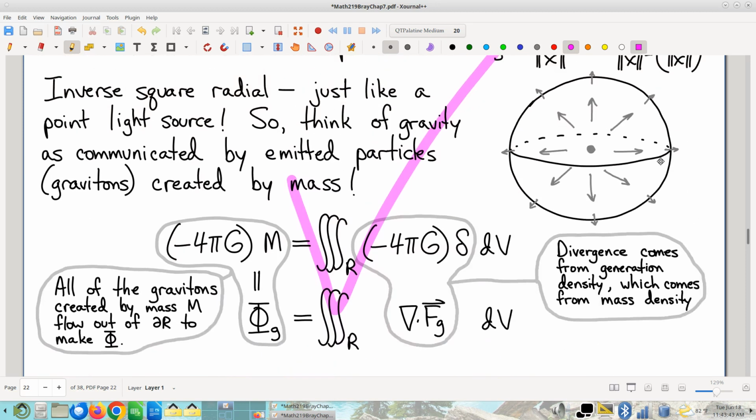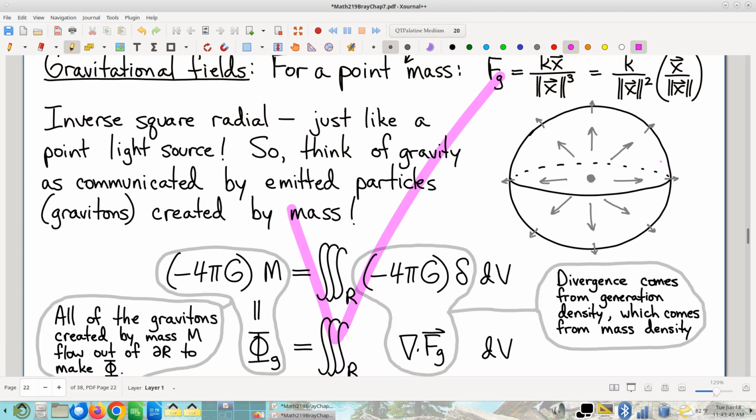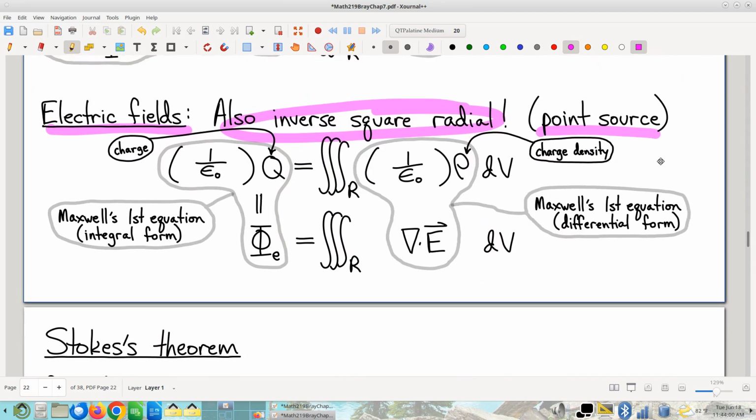So thinking of mass as creating a gravitational field represented by a flow of these little particles that may or may not exist, right? That's the perfect model for thinking about electric fields.